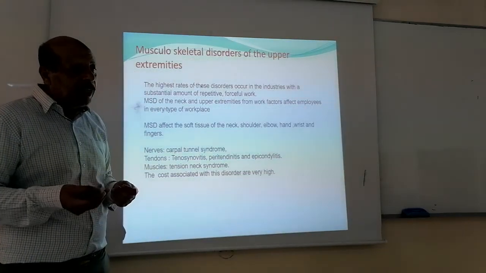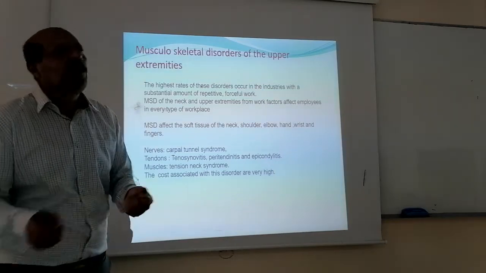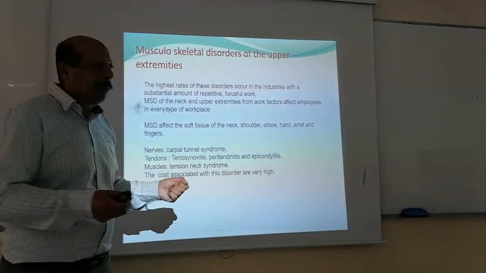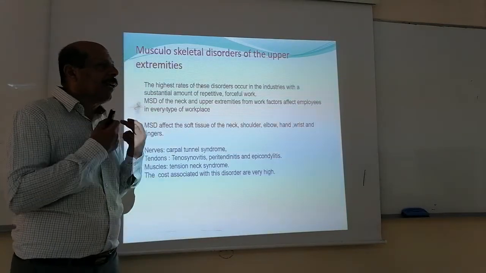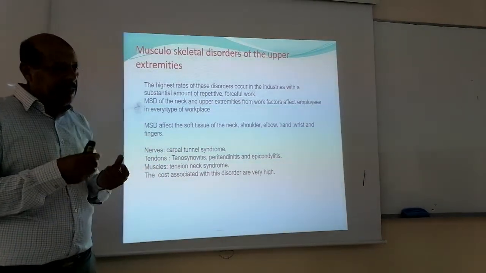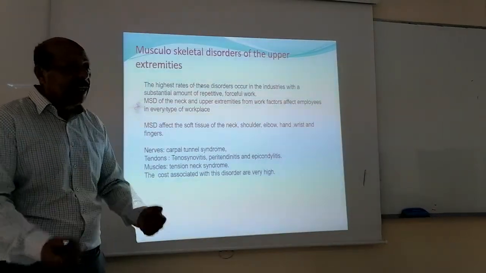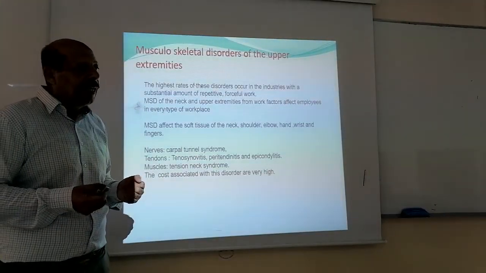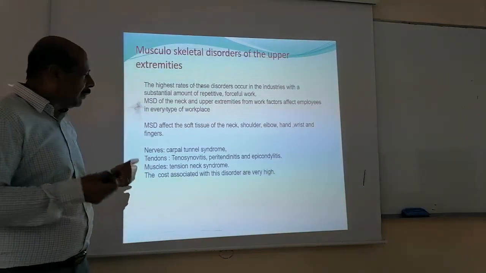Mostly when we are working, we are using our hands and moving our head while moving and lifting. So this will affect the cervical vertebra, the cervical disc, and also the hands and the muscles of the hand.